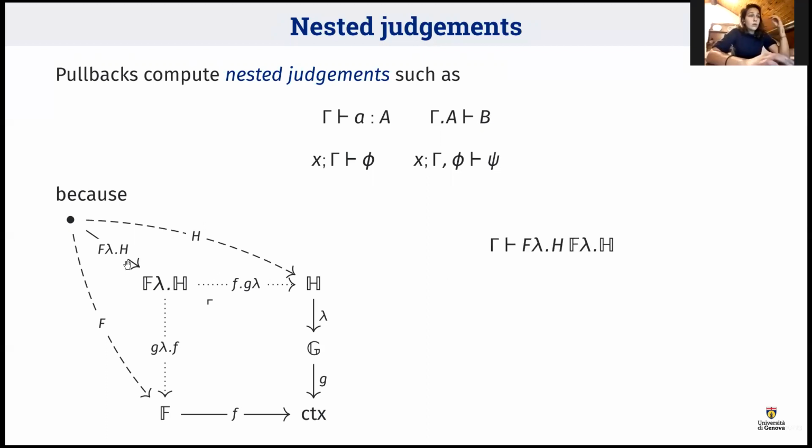Then when we look into an object here in context gamma, because this is all commutative, so they are all over some context gamma here, what we really mean is that there is an H here above some gamma here, and an F here above G lambda H.